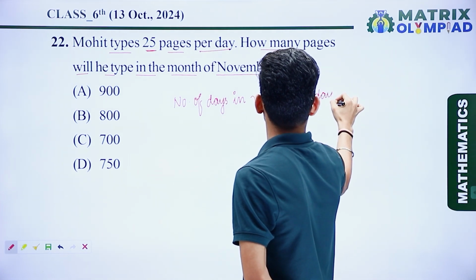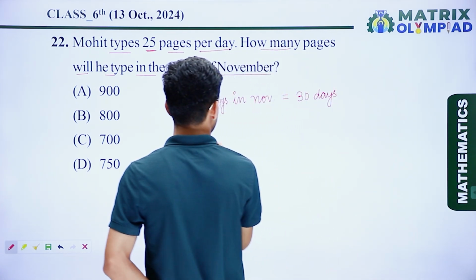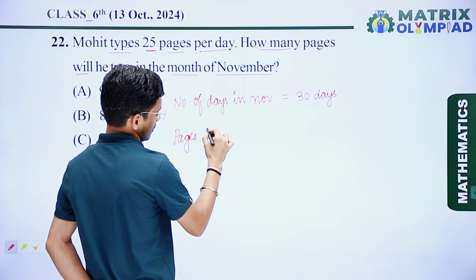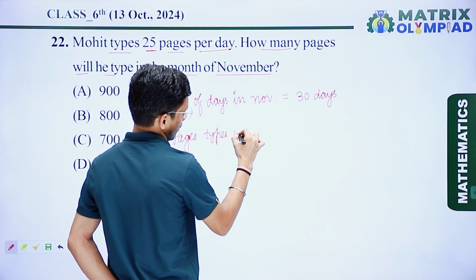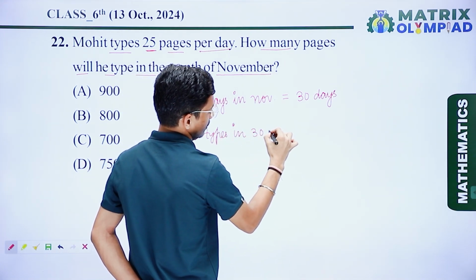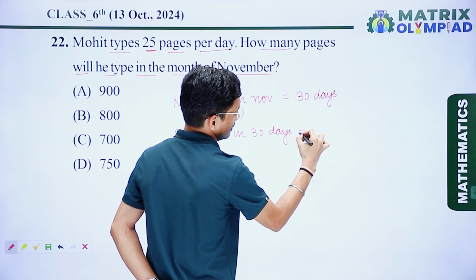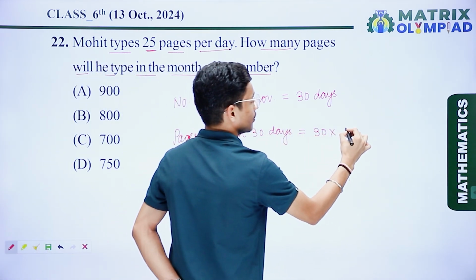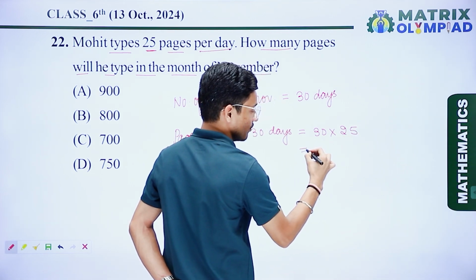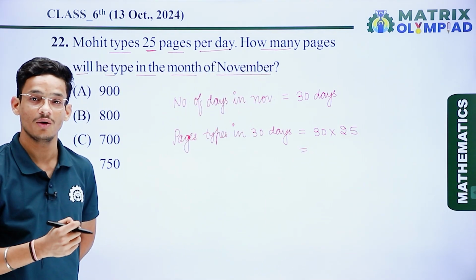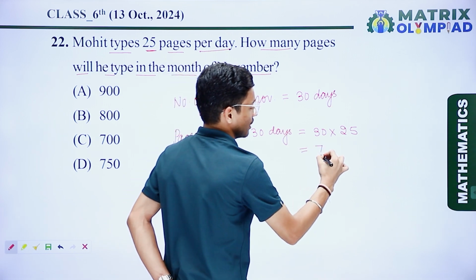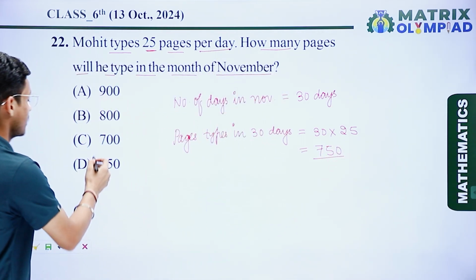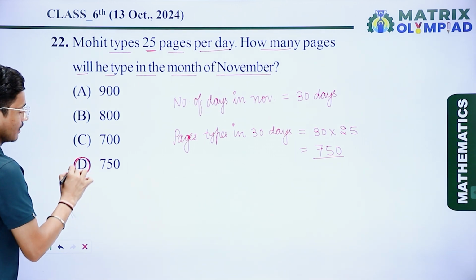So here we use the unitary method. Pages typed in 30 days is 30 multiplied by 25. 25 1 25, 25 2 50, 25 3 75. So I get 750 pages. So 750, option B is the correct answer.